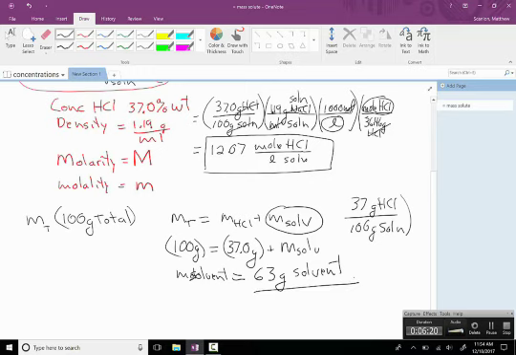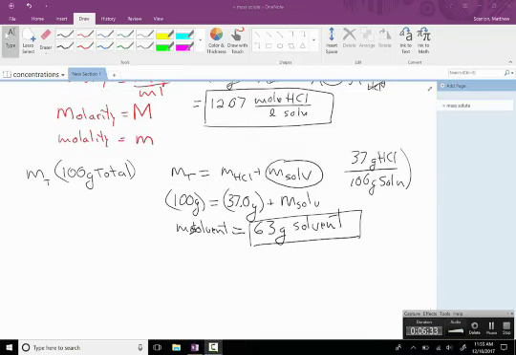Now I know the grams of that. If I want to get molality, I need to get the moles, and I'll have moles per kilogram.